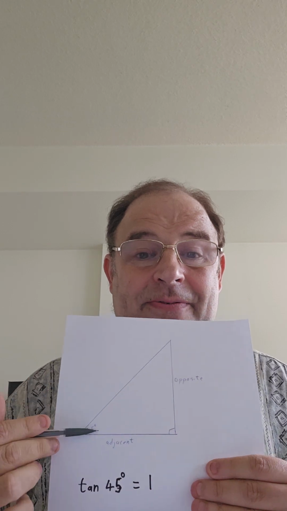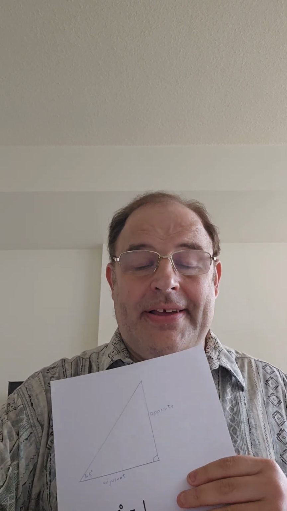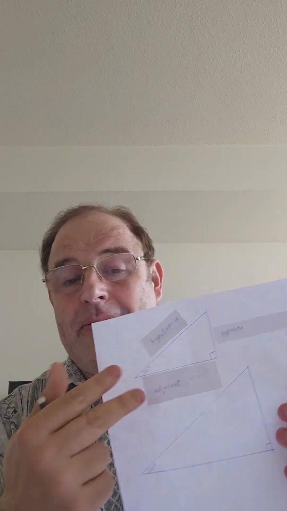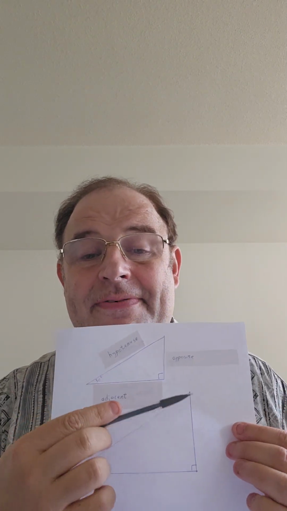It can be an enormous triangle, but with 90 degrees and 45 degrees, opposite over adjacent will equal 1. The same way, it doesn't matter how big or small this triangle is. If it's 30 degrees and 90 degrees, this length divided by that length will always give me the same amount, which is 0.577.